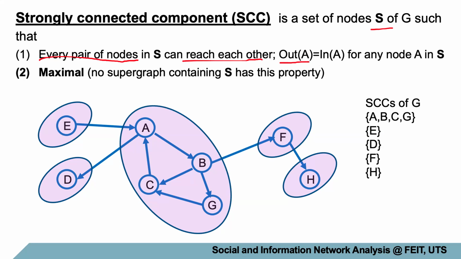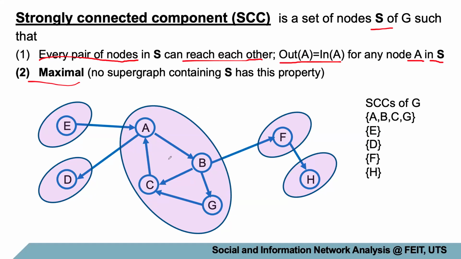That means out A equals in A, like A can reach all the vertices here, and also all the vertices can reach A, for any node A in S. And also it is maximal. That means there's no larger subgraph containing this graph that has this property.